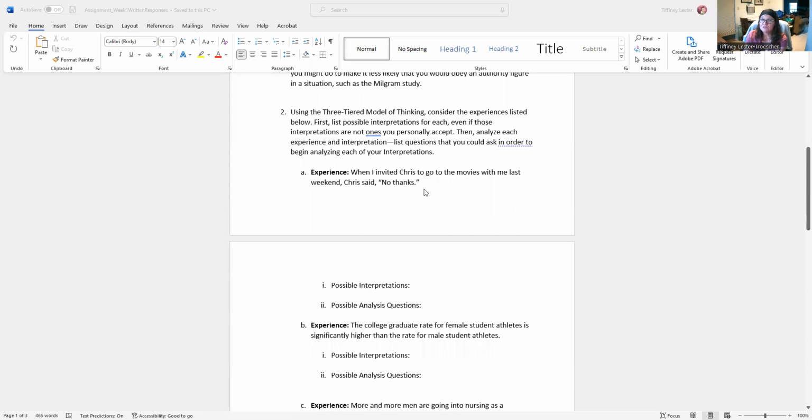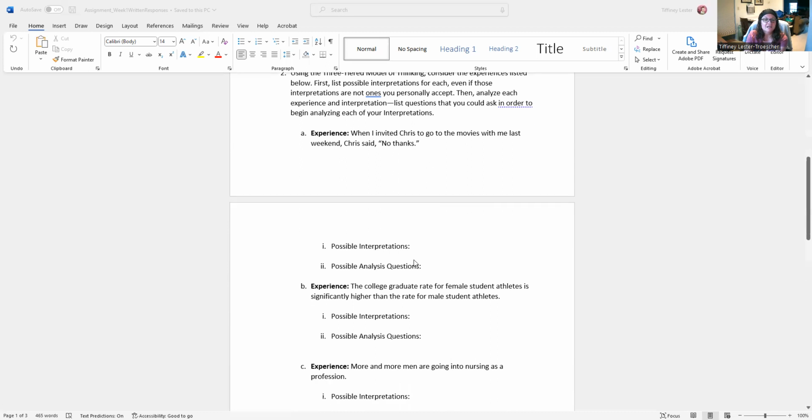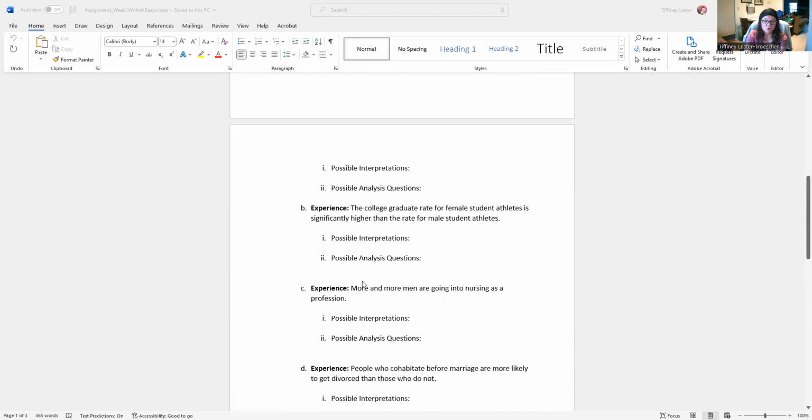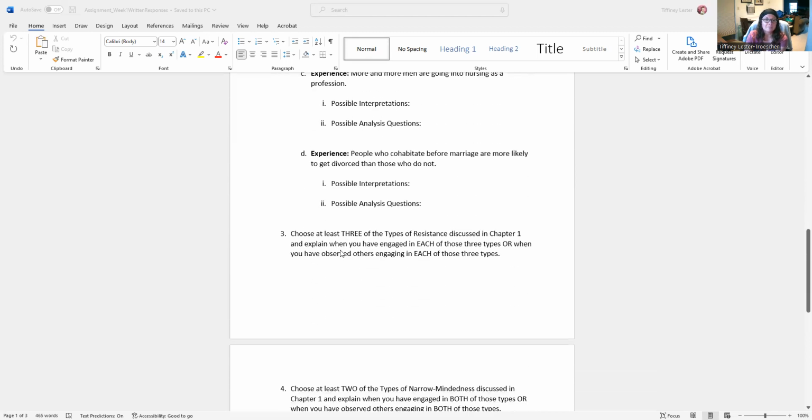This will make more sense after you go through chapter 1. The first experience is when I invited Chris to go to the movies with me last weekend, Chris said, no thanks. So the first thing you're going to do is offer possible interpretations of this experience, and then possible analysis questions, right? And there are 4 experiences that you'll look at.